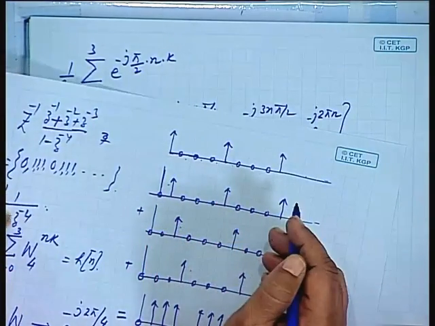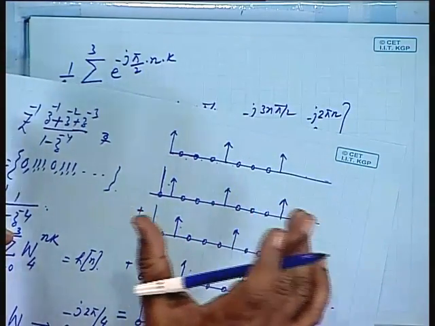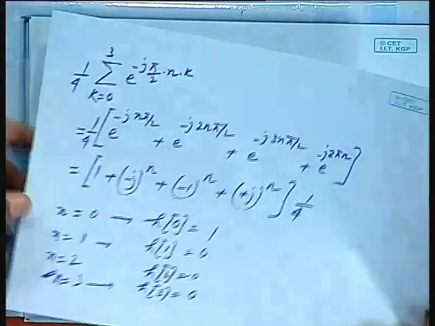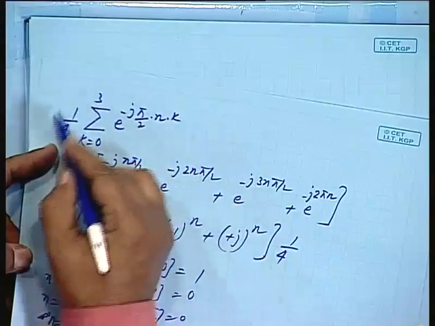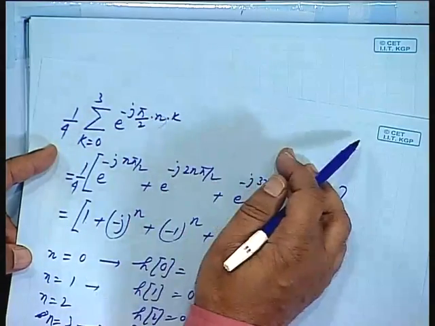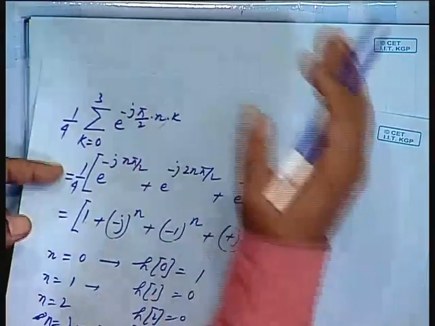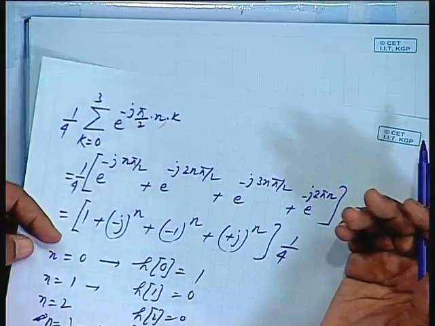Okay. So, in a closed form, if you want to write just the analytical expression, not a sequence like this, what would be the mathematical expression for this sequence? For the main sequence it is this. So, this has to be shifted by 1 step, 2 steps and 3 steps and added together. Is that all right?